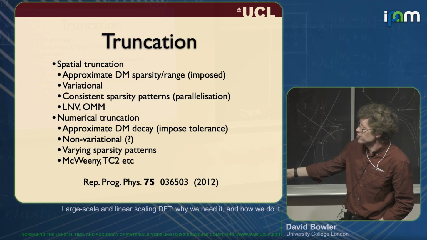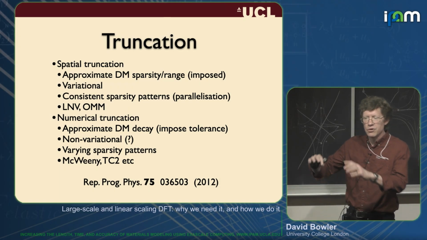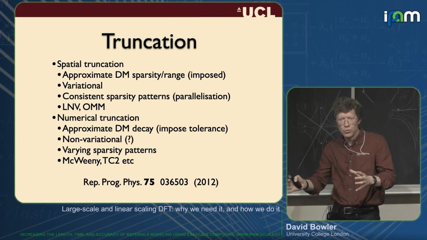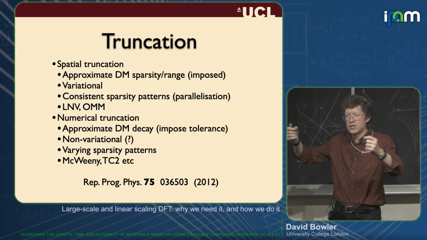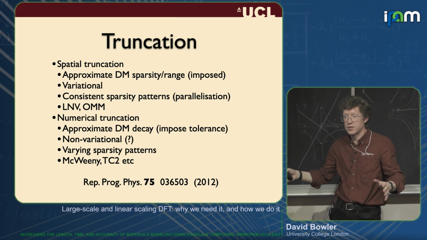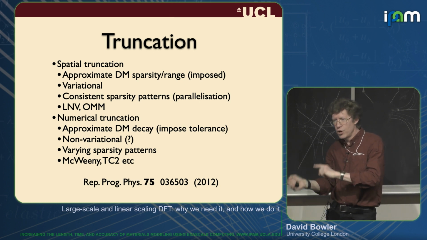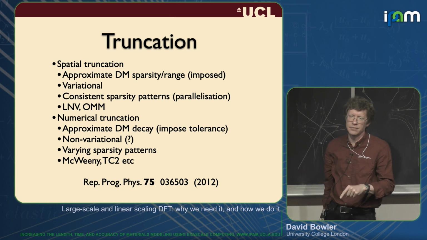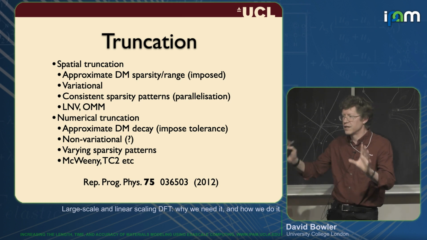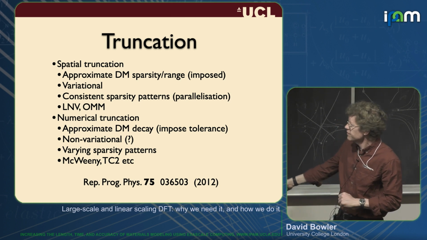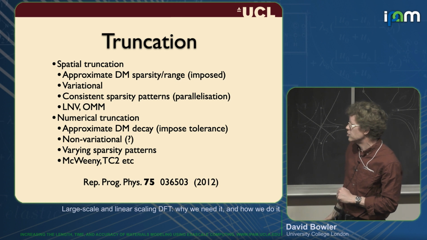But that's another way that you can do order N. A word on truncation. There are roughly two approaches to truncation. I've told you about spatial truncation. Once 2 points in space are more than a certain distance apart, we force the matrix to be 0. That's imposing a sparsity pattern on the matrix. We're defining that. The alternative is numerical truncation.